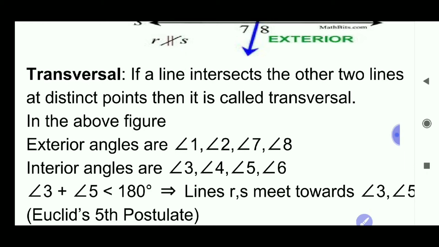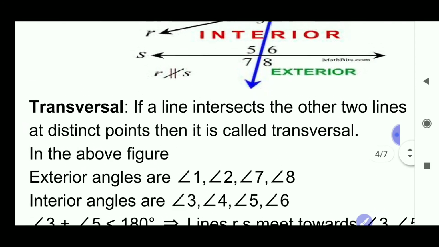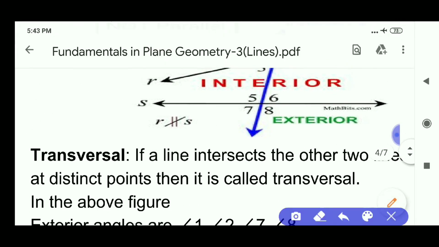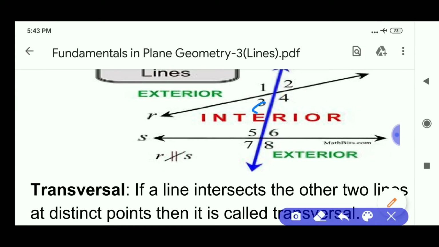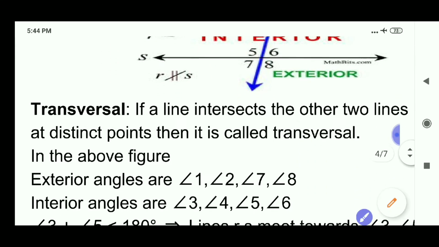And one more thing, here from the figure, angle 3 plus angle 5 is less than 180. If less than 180, when we extend that side, they will meet at that area.